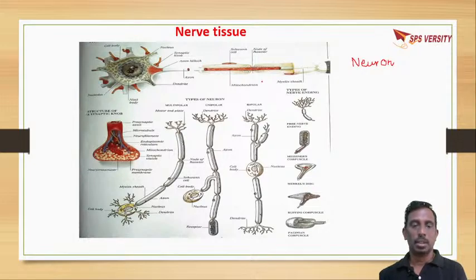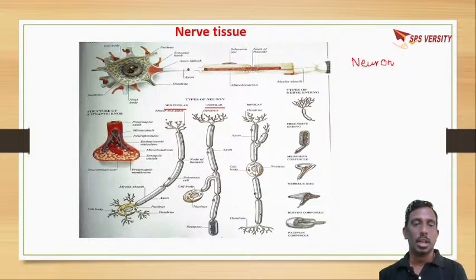Okay. And in this you can see types of neurons: multipolar, which has one axon and many dendrites. Here you can see unipolar, one axon and one dendrite, and this is bipolar.